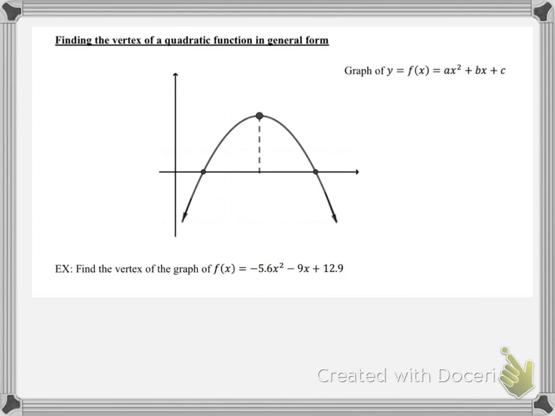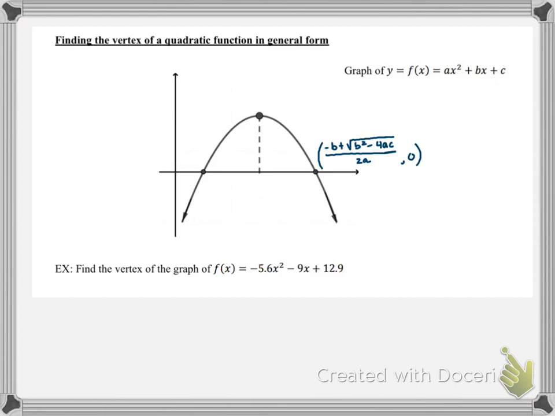If we set this general function equal to 0, then we would get the x-coordinates of our x-intercepts using the quadratic formula, right? So one point here is negative b plus the square root of b squared minus 4ac over 2a, 0.